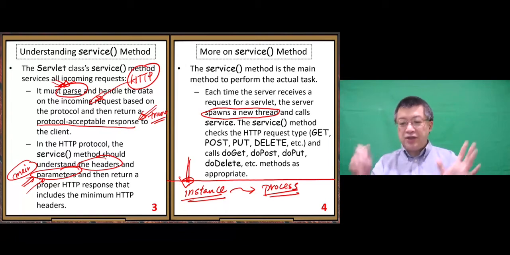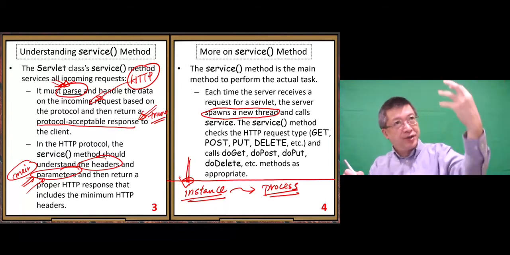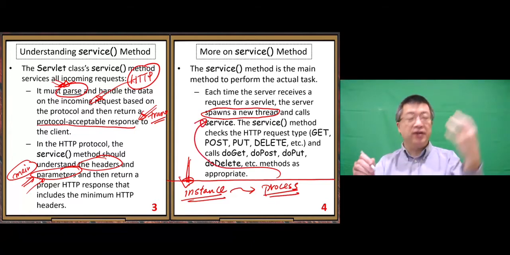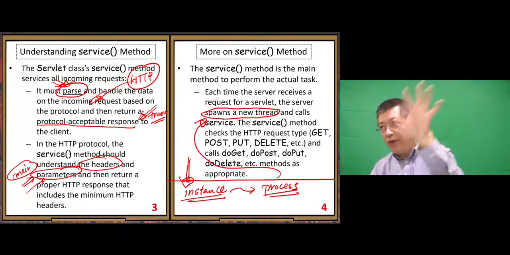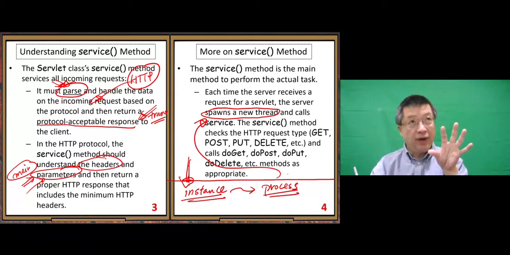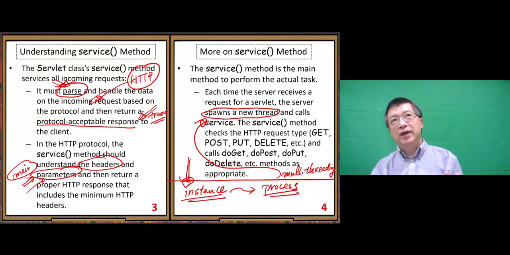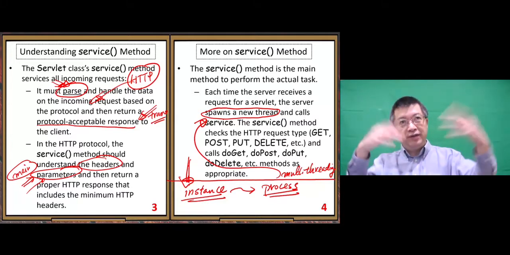Now with this process, when you have a request, this process will generate a thread. One thread. So here we use multi-threading. The servlet uses the multi-threading technique, but you cannot see it, it is hidden.